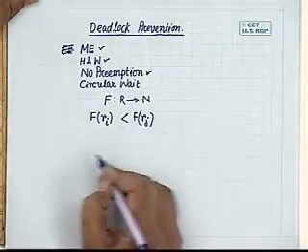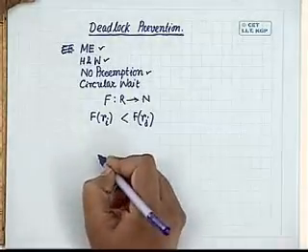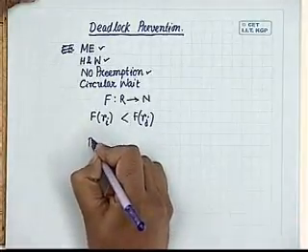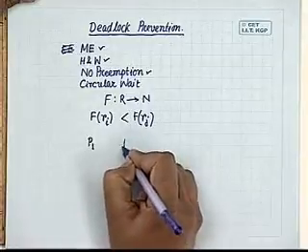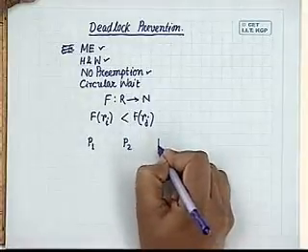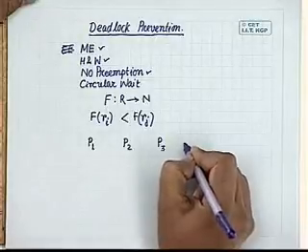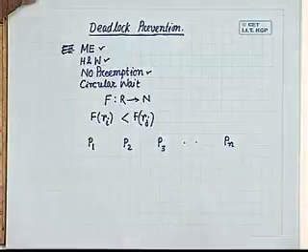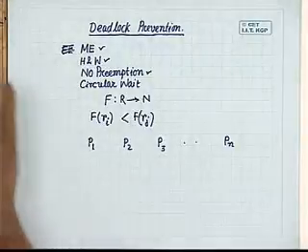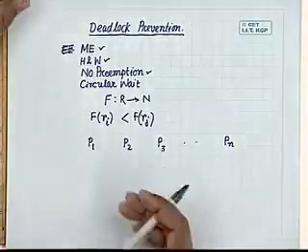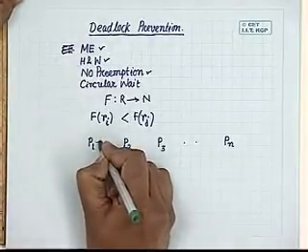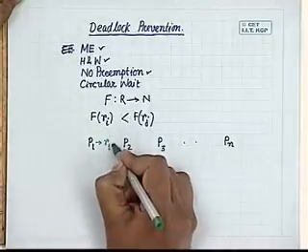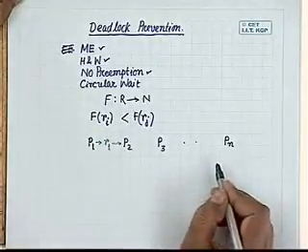Let us see how. Suppose in a system we have n processes working at a time, say P1, P2, P3, like this, up to Pn. And we assume that process P1 requests a resource type, say R1, which is currently allocated to process P2.